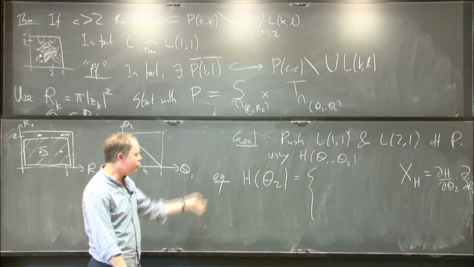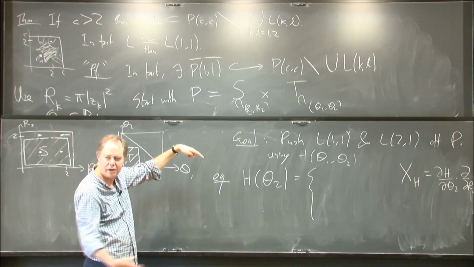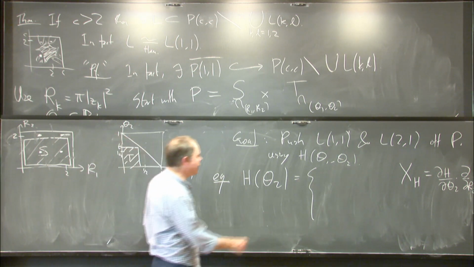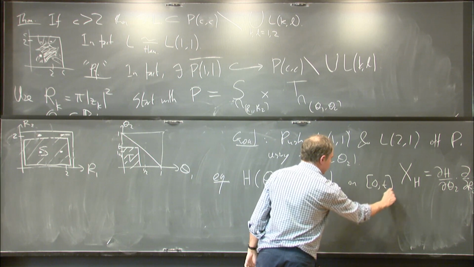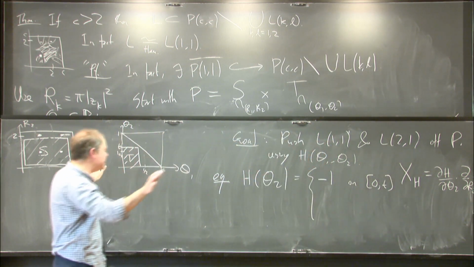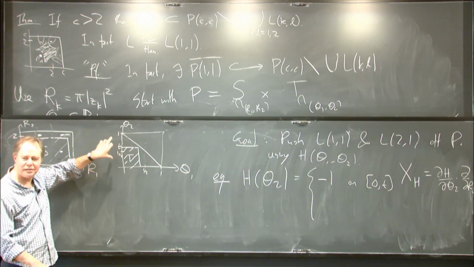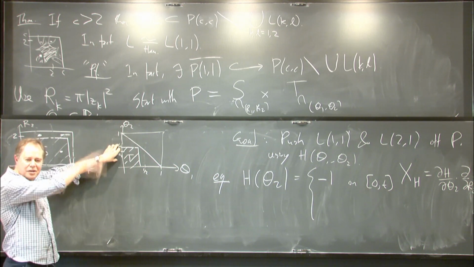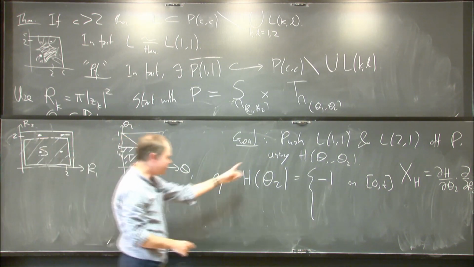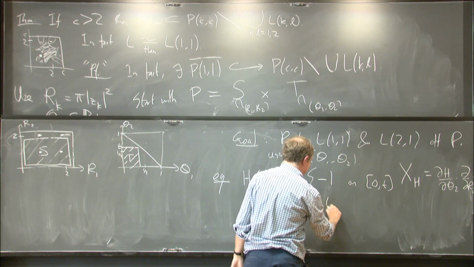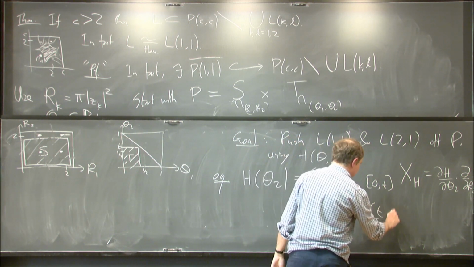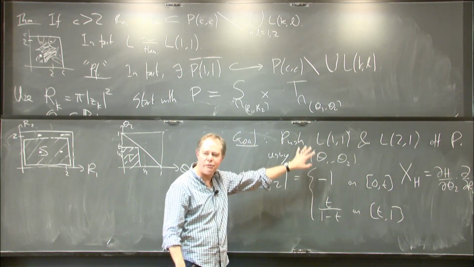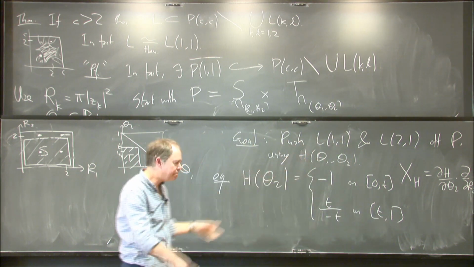So if the Hamiltonian depends on theta 2, the flow is in the r2 direction. You might want to try something that's -1 on 0 to t, up to deltas. So it's decreasing from 0 to t, and then because it has to get back down to 0, it's going to have to be rise over run, which is something like t divided by 1 minus t on t to 1. At least that's a continuous function, and then you smooth it off.